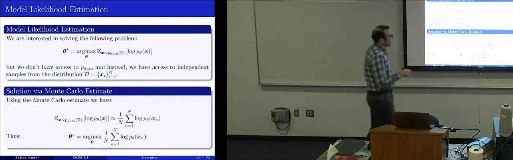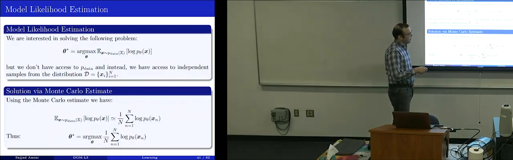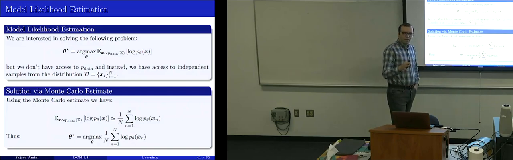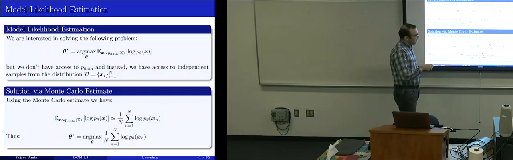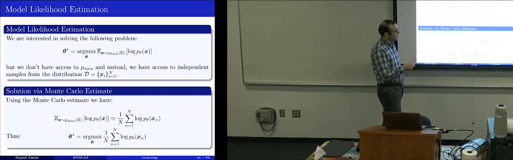So, using the Monte-Carlo estimation, we have this approximation of the expectation of this log model likelihood. Every time I talk about likelihood, I mean the probability. Likelihood is equal to probability for us. I should assume that it is an f function. You want to calculate the expectation of this f function with respect to data coming from this distribution.